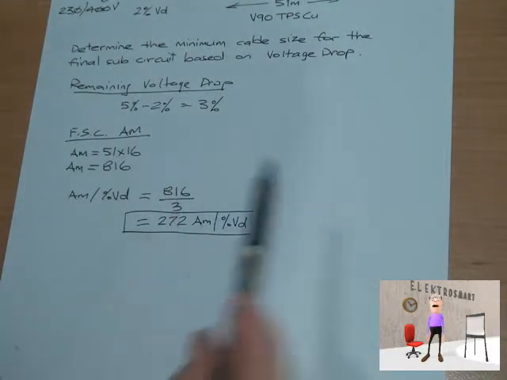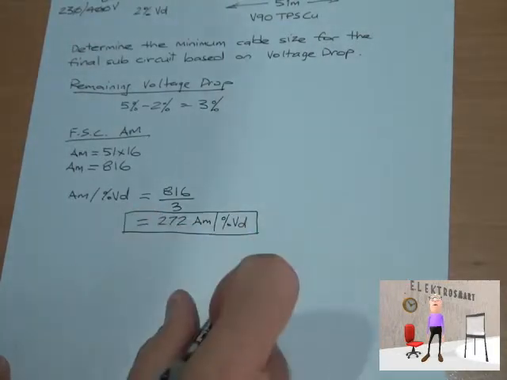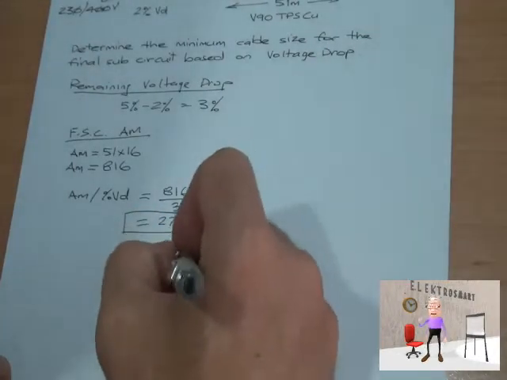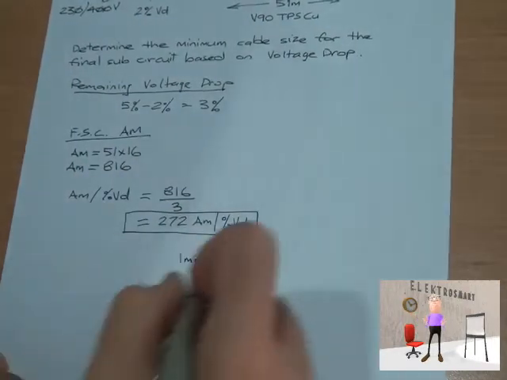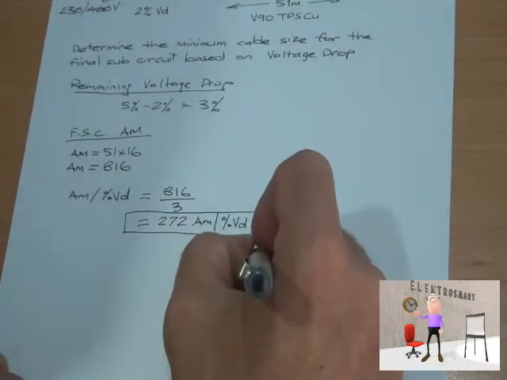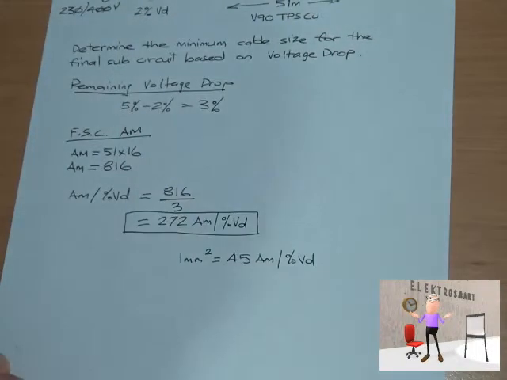Now if you have a look on your AS3000 table C7, I'll write the values down here. 1 millimeter squared cable has a capacity of 45 amp meters per percentage voltage drop.